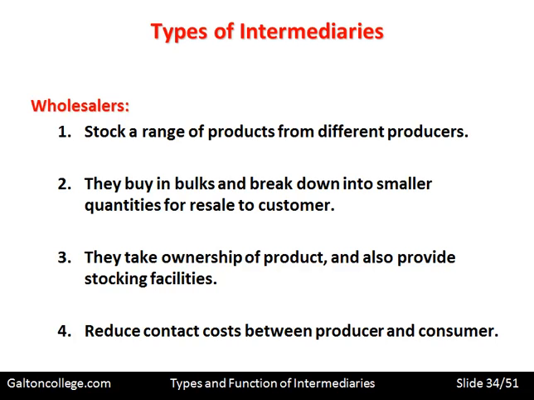The wholesaler will try to reconcile the issue and try to deal with the problem. If it can't, it may go back then to the producer. So to some extent, the wholesaler is doing the after-sales service, the customer relations part of the job for the producer. So the producer benefits from that.